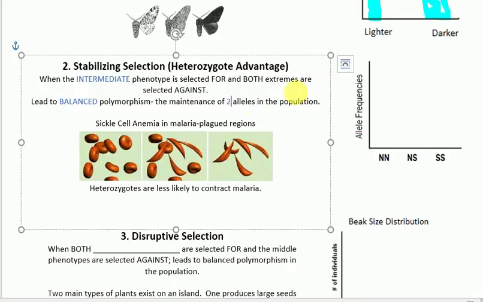So an example of this is sickle cell anemia in malaria-plagued regions. So heterozygotes are less likely to contract malaria.